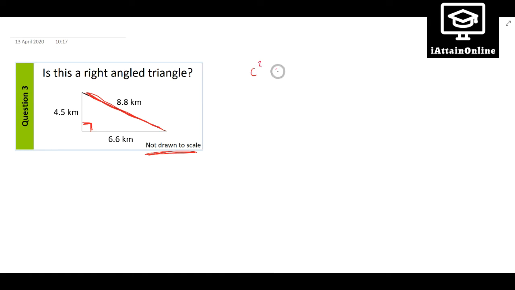So c squared equals a squared plus b squared. C has to be the longest side, so there's C, and I'm going to say that's A and that's B. So c squared would be 8.8 squared equals A is 4.5 squared and B is 6.6 squared, so we need to square those as well.